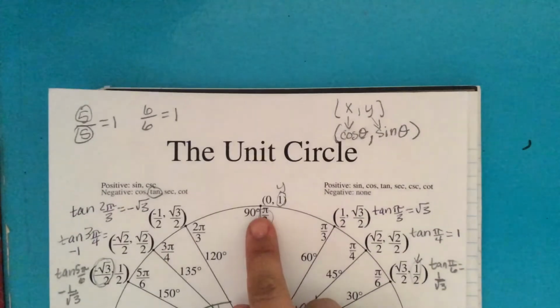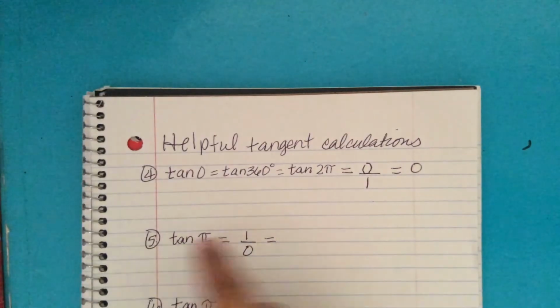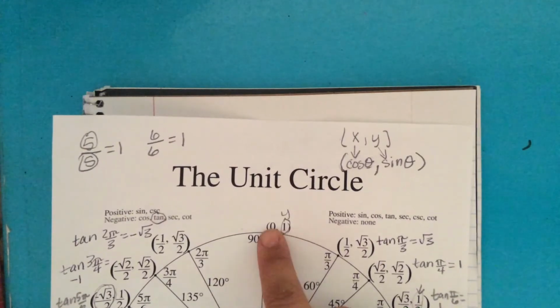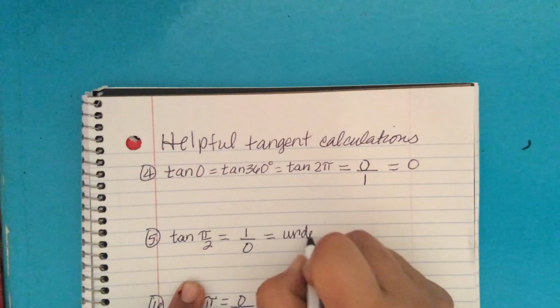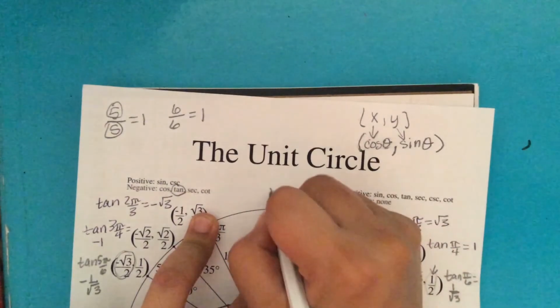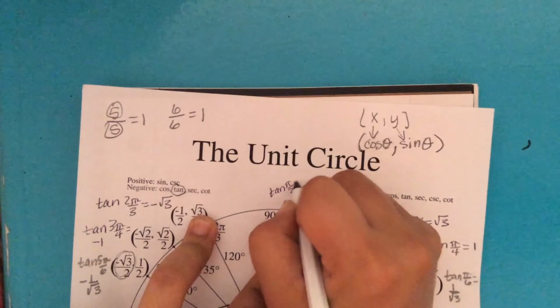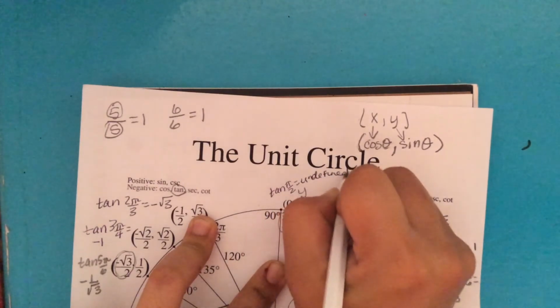Then we're going to do the tangent of 90 degrees, or pi over 2. That's going to be y over x, so 1 over 0, and this is undefined. So the tangent of 90, or pi over 2, is undefined. There's no answer to it.